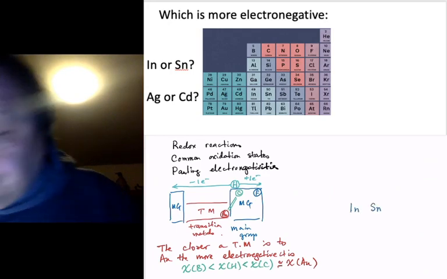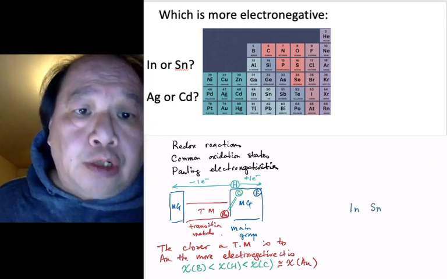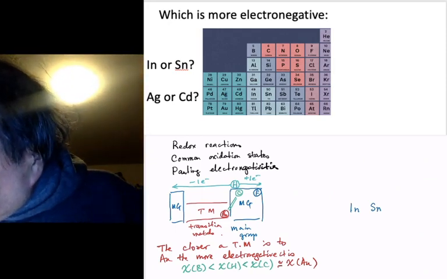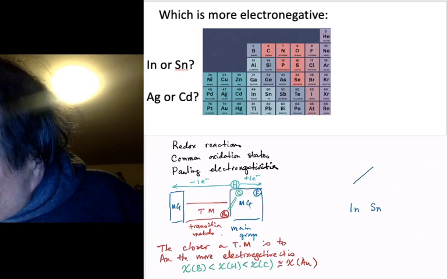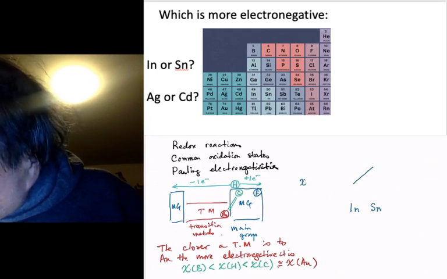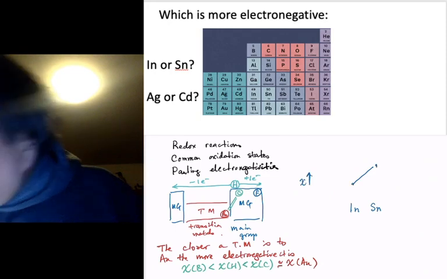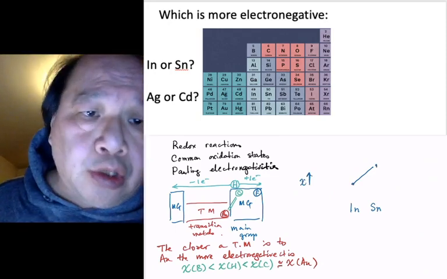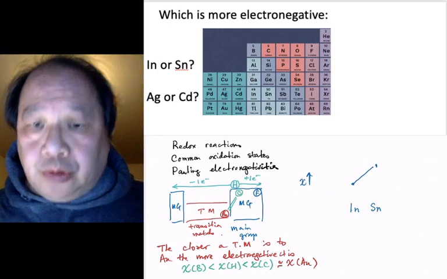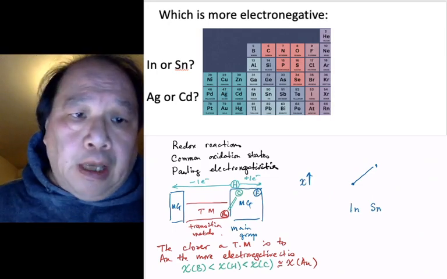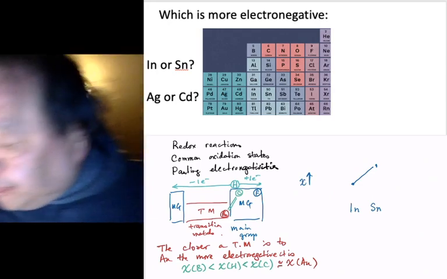And so tin is closer to fluorine. So tin's electronegativity, that's chi, is higher than that of indium because tin is closer to fluorine. And now you have to find silver or cadmium.